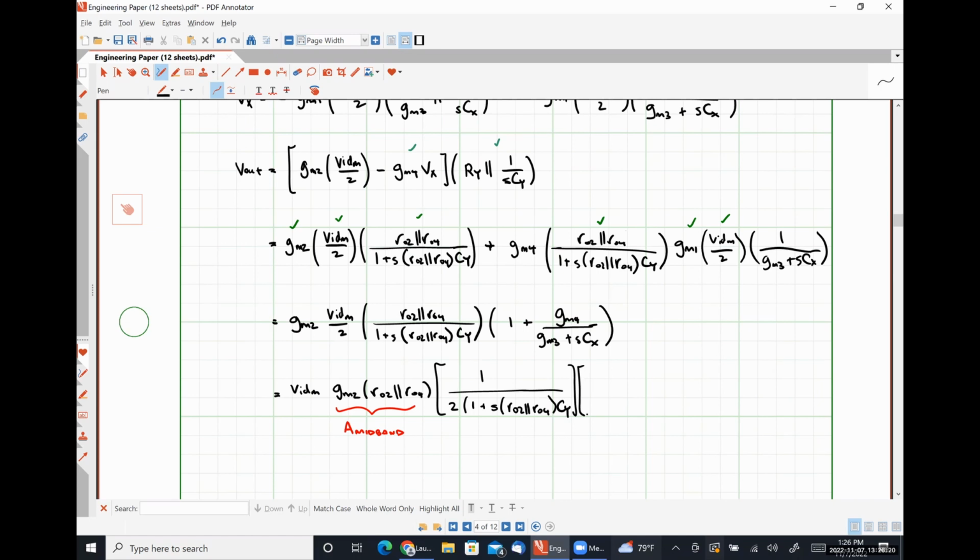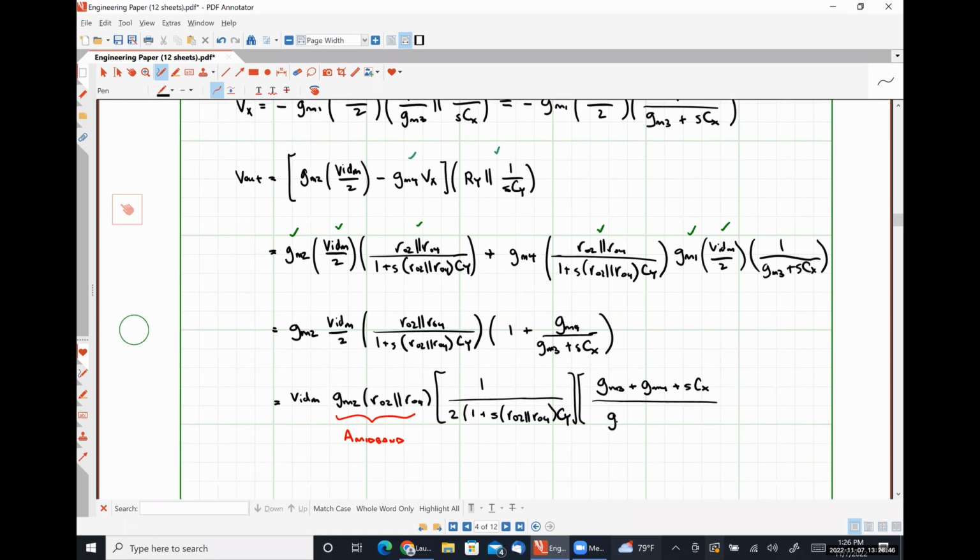And then now I'm going to deal with this 1 plus GM4 over GM3 plus SCX bit by treating 1 as GM3 plus SCX over GM3 plus SCX, giving me GM3 plus GM4 plus SCX all over GM3 plus SCX.